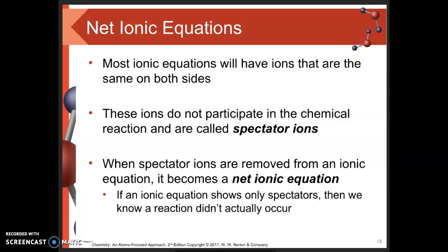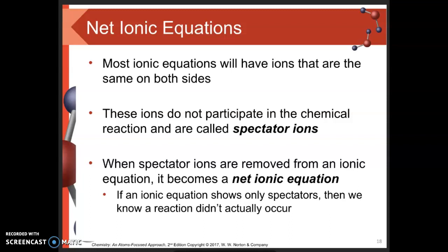And those ions that are common on both sides, we call spectator ions. And a net ionic equation takes those spectator ions and tells them to take a hike, and gets rid of all of the spectator ions. So the difference between an ionic equation and a net ionic equation is the removal of the spectator ions.